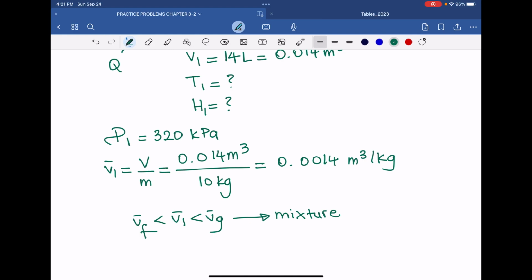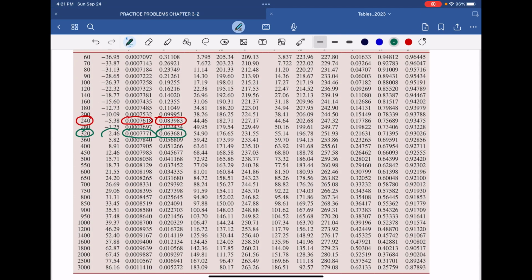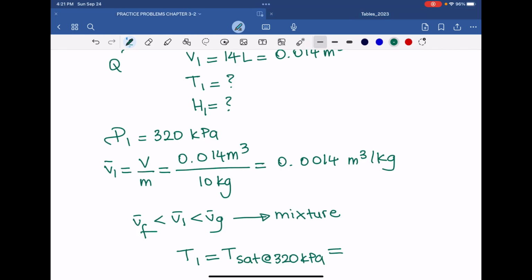If you have a mixture, that means you need to be at the saturation temperature at that pressure. Otherwise, you wouldn't have a mixture or a phase change going on. Therefore, I'm just going to read the temperature to be 2.46 degrees Celsius.